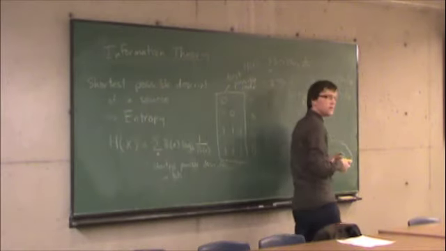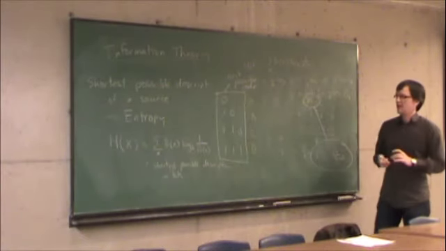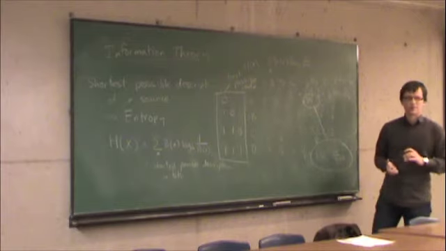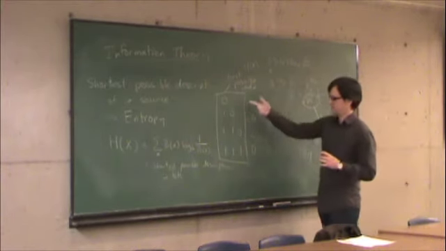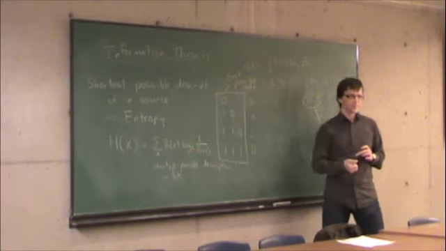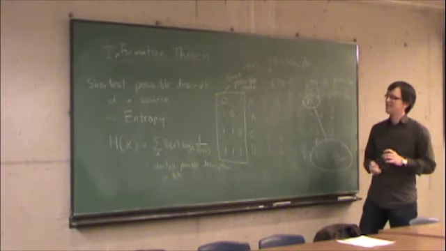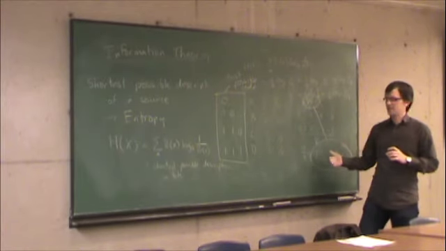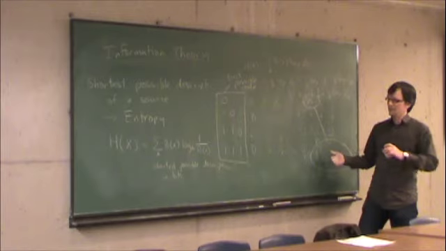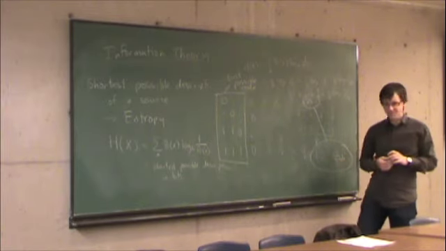Any questions? Next time we're going to look at what's called the Huffman code, which is a way to construct codes like this. The Huffman code will find an entropy achieving code if one exists.